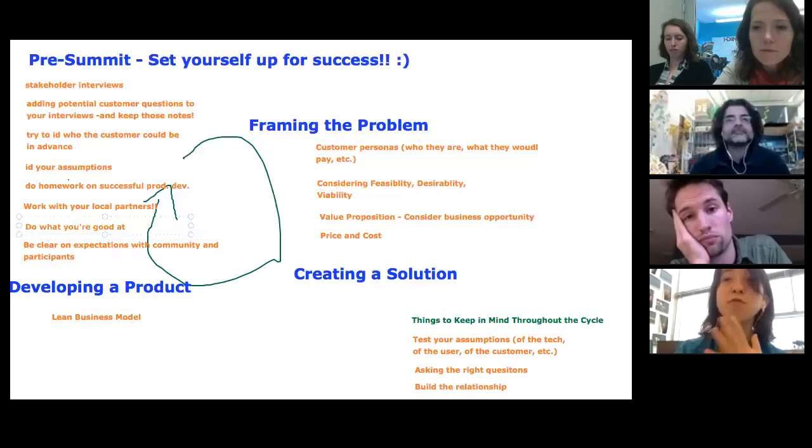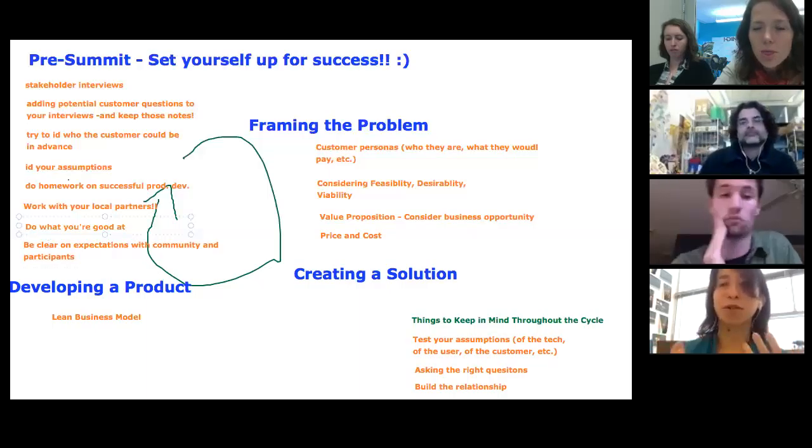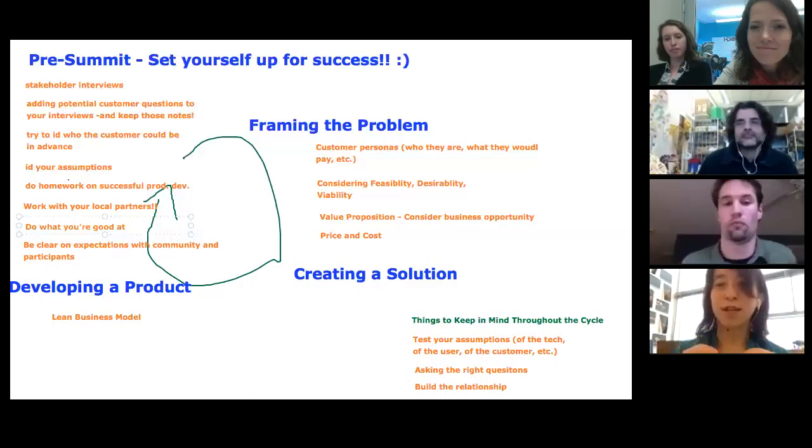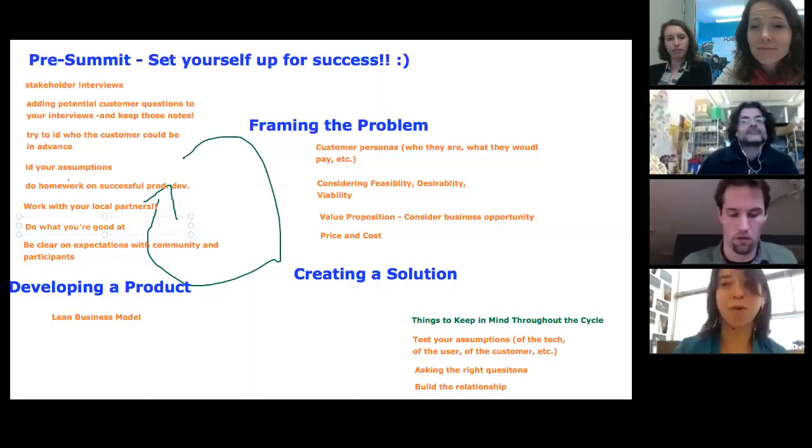Because we've had that experience with Summit graduates who get out of Summits, are excited about their idea and innovation, work on the prototype and come up with a version they really like, and then don't know what to do next and aren't really prepared for that moment.